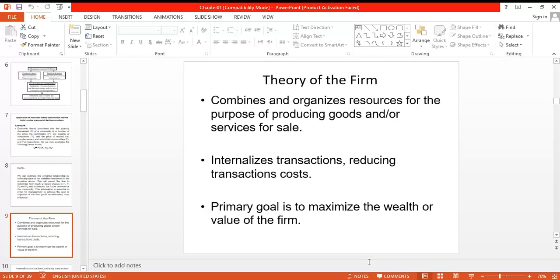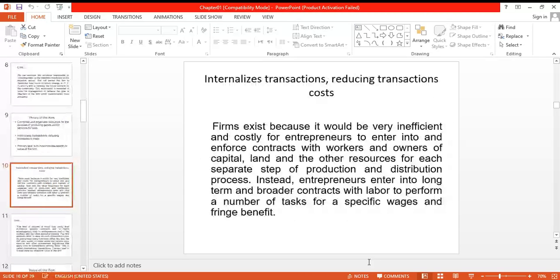Okay, the final objective of the firm is to maximize its own wealth by maximizing its profit and its revenues. Okay, so please do keep in mind that from an economic point of view, the primary goal is to maximize the wealth of the firm.